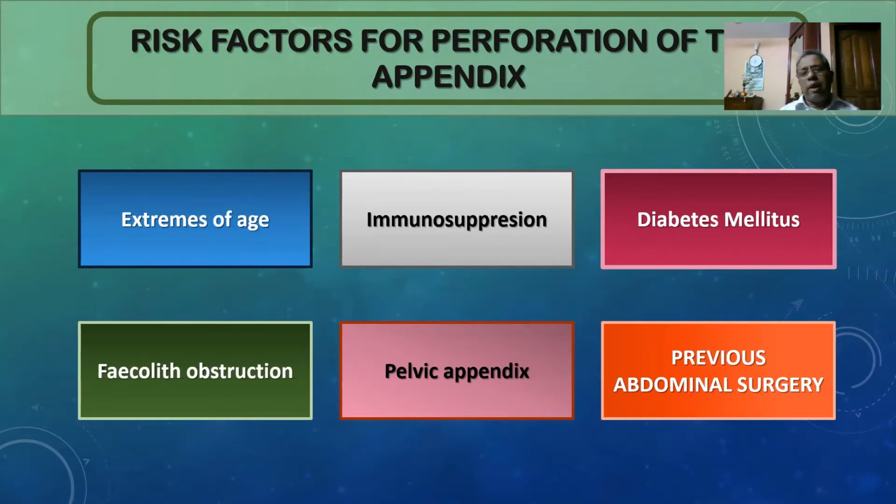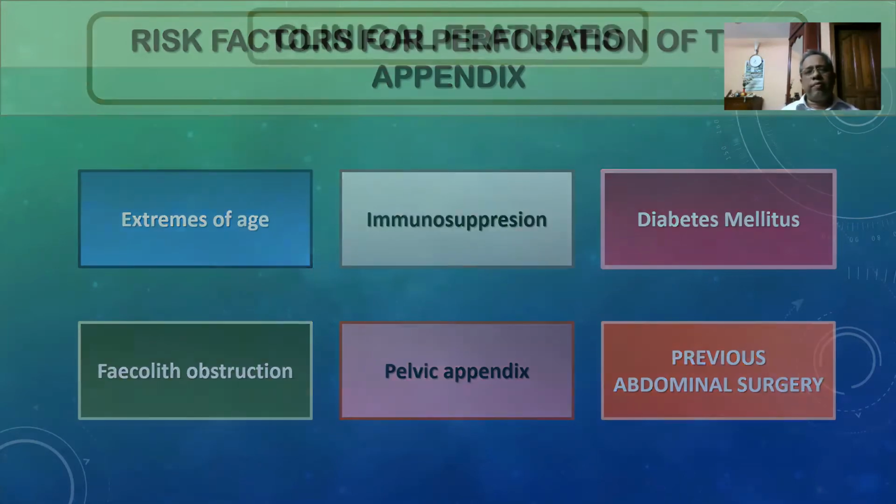For that reason, the pelvic appendix position is very dangerous for diagnosis and treatment. And previous abdominal surgery: if the patient has had previous abdominal surgery there is an adhesion, so the appendix position may kink and cause appendicitis. These are the risk factors for perforation of the appendix.